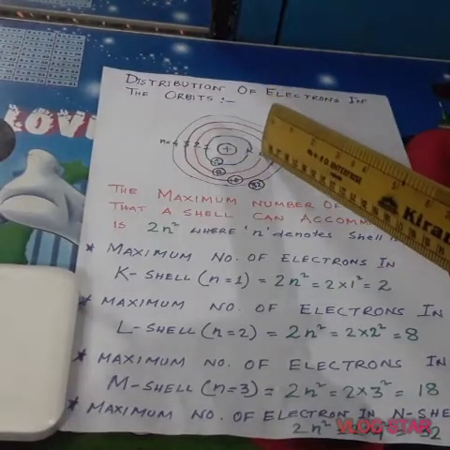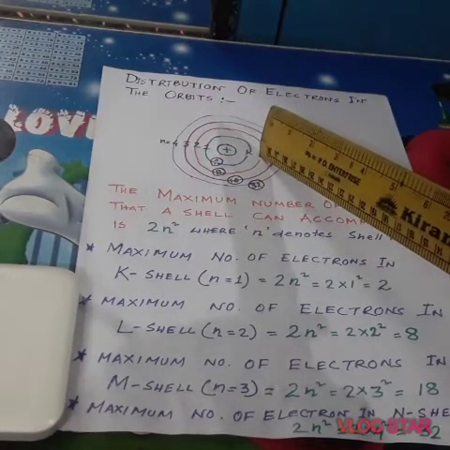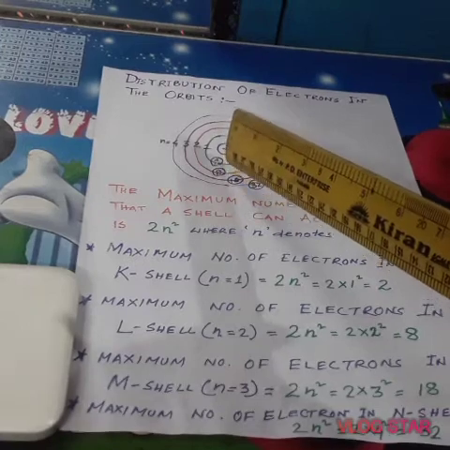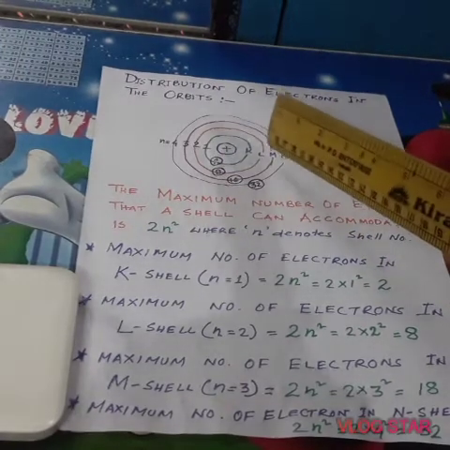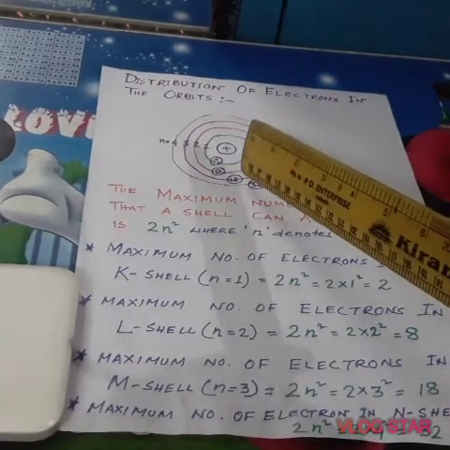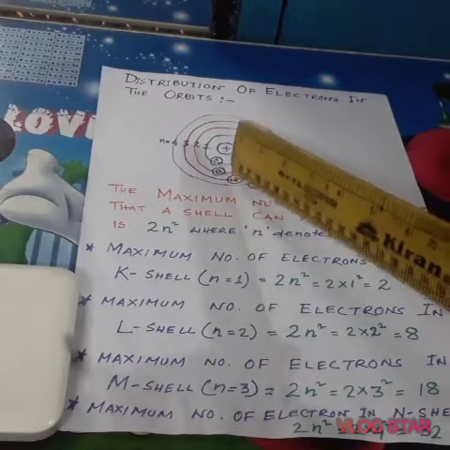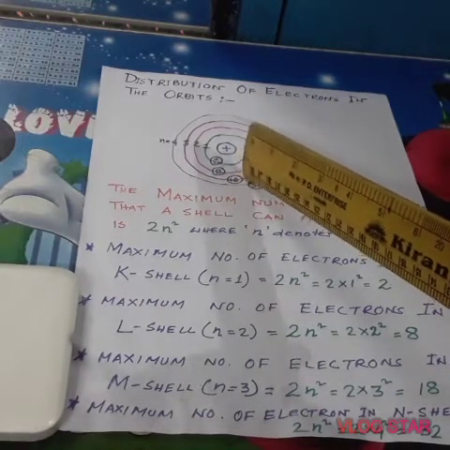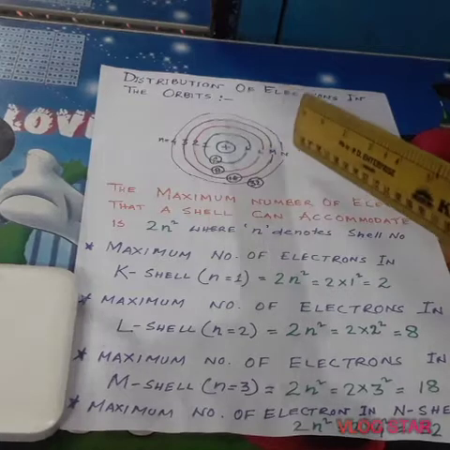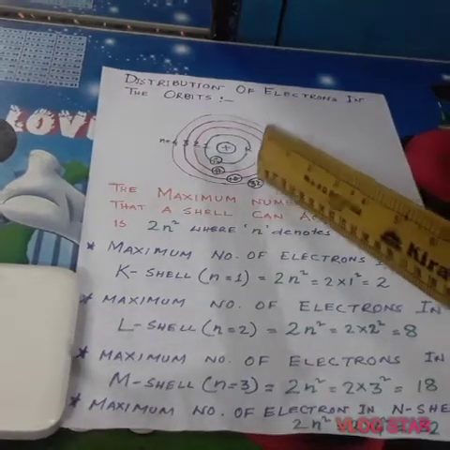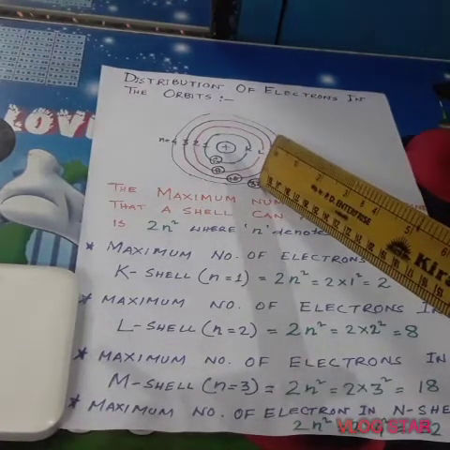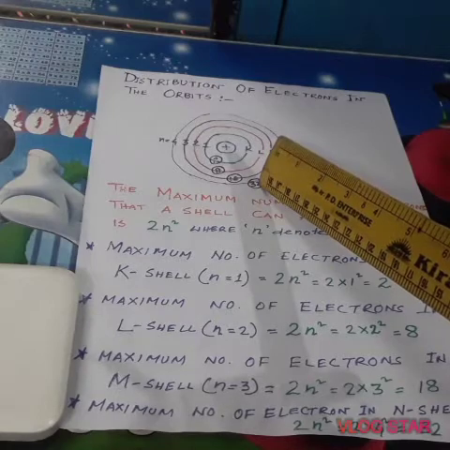Similarly, in the next orbit, the L orbit, 8 electrons can be held. In the M orbit, a maximum of 18 electrons can be placed, whereas in the N orbit, 32 electrons can be placed. But what is the rule?